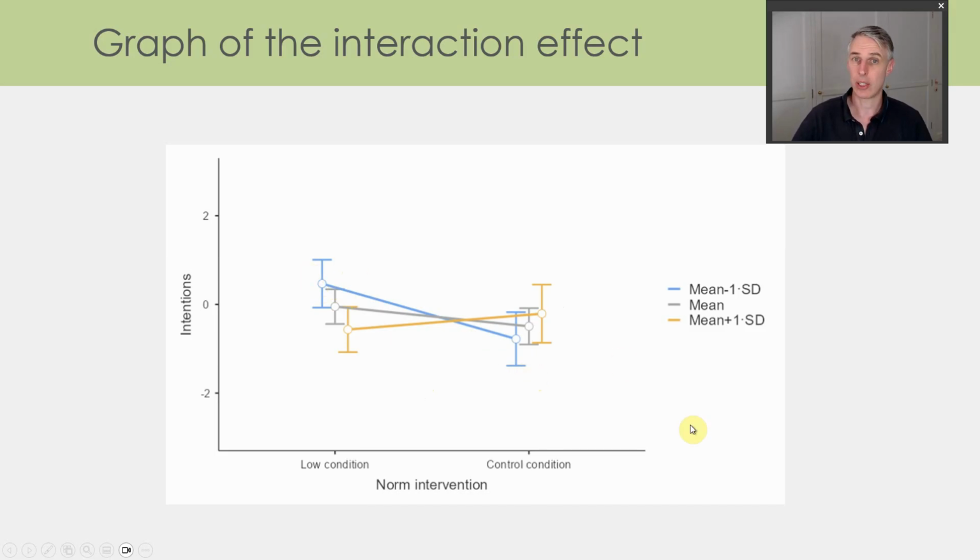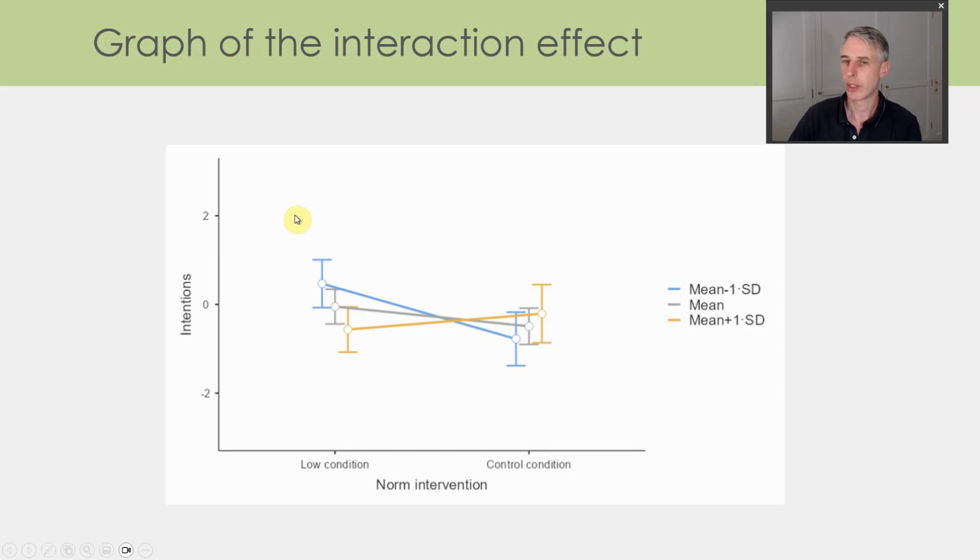Whatever the reason for the effect is, the key point is that to understand the effect as a whole, what we need is not just a test of the interaction, and not just a test of the simple slopes, but also some idea of how the descriptive pattern looks. It's only by looking at these values that they're plotting that we can see that the norm intervention has an effect when identification is low, but in the opposite direction to what you might have predicted. The norm intervention seems to have produced stronger, not weaker, intentions.